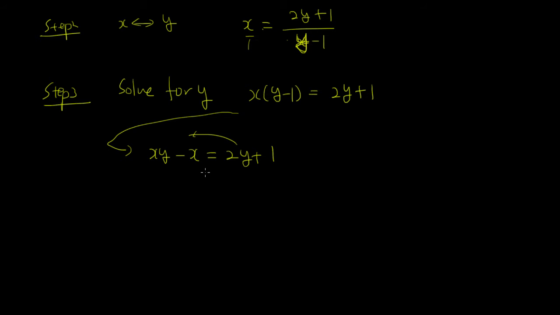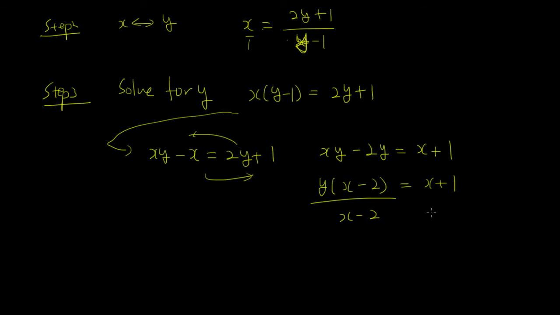Moving this to here, x to there, then it'll be xy - 2y equals x + 1. Factor out y, it'll be y(x - 2) equals x + 1. Divide both sides by x - 2, cancel. y equals (x + 1) over (x - 2).